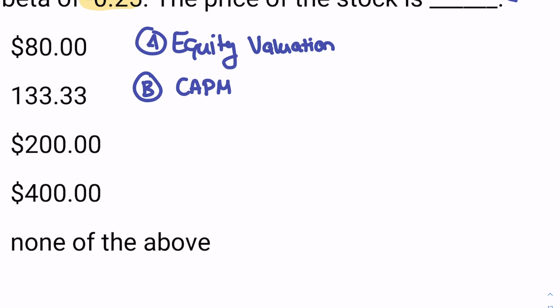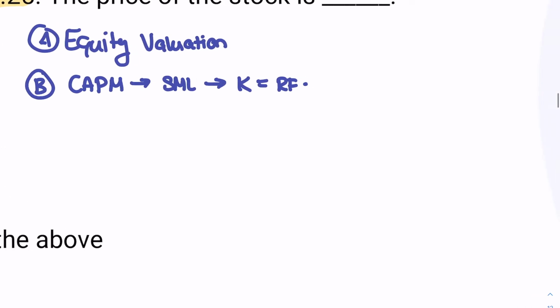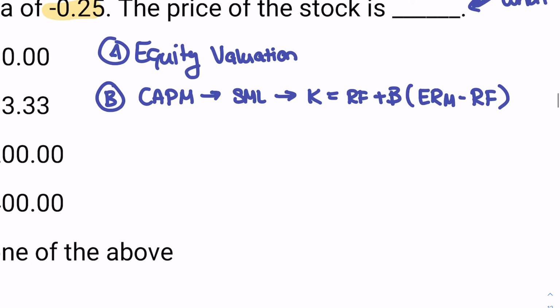Especially in this case, the SML, because we know that the SML is telling you that K is equal to RF plus beta times the market risk premium, so ERM minus RF. So that's pretty important. And C, if anything, we could be dealing with both.